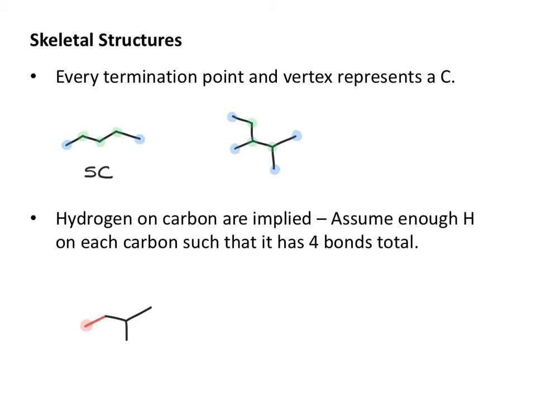But we know that the carbon must have 4 bonds total, so this carbon must have 3 implied hydrogen. Likewise, if you look at this carbon right here, in the drawing, 3 bonds are shown. There's 1, 2, and 3, so there must be 1 implied hydrogen to give it its 4th bond.